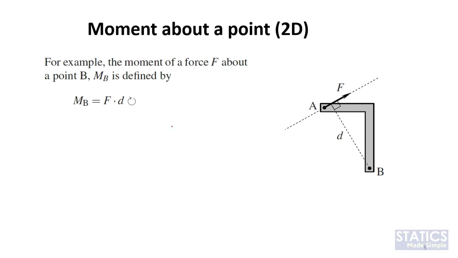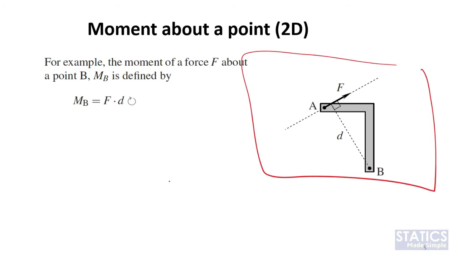So in 2D form, we know that the object will rotate on a plane. So basically on this particular plane here, right? In a 2D plane. And the rotation can be either clockwise or counterclockwise. All right. The direction of rotation will depend on the direction of force as well as our point of moment.